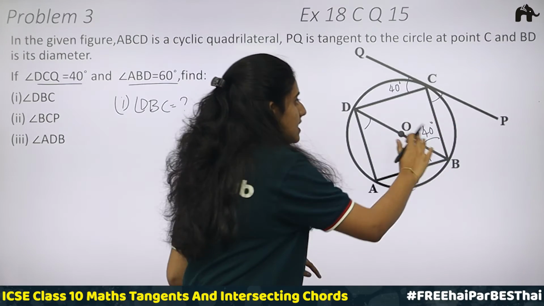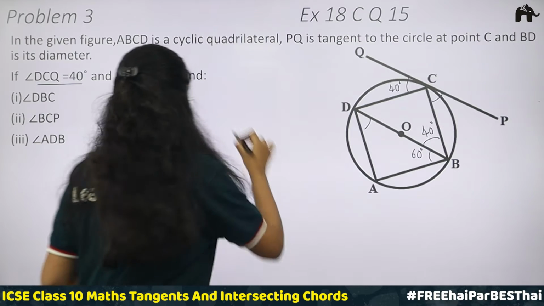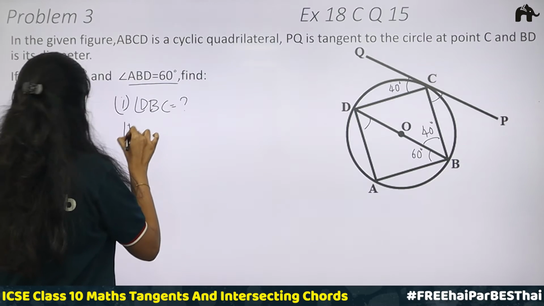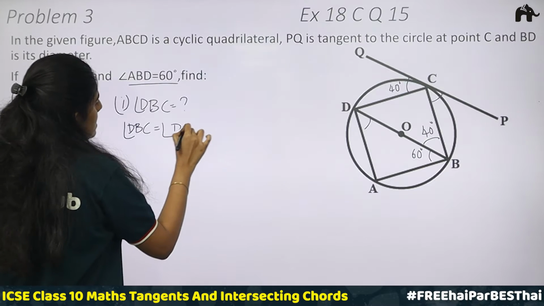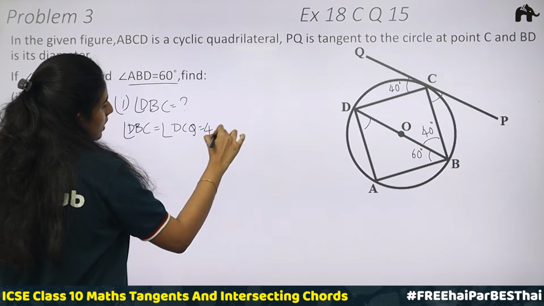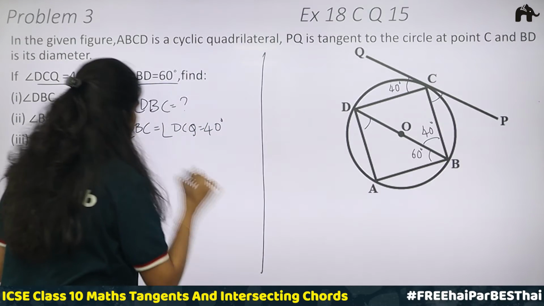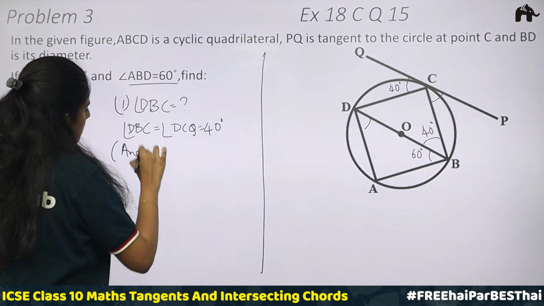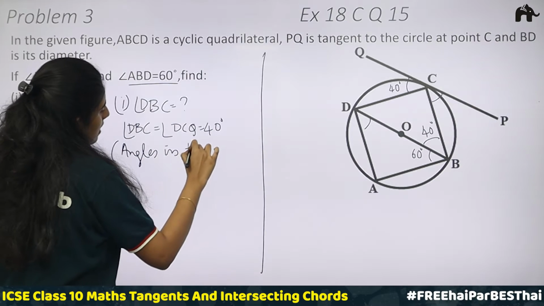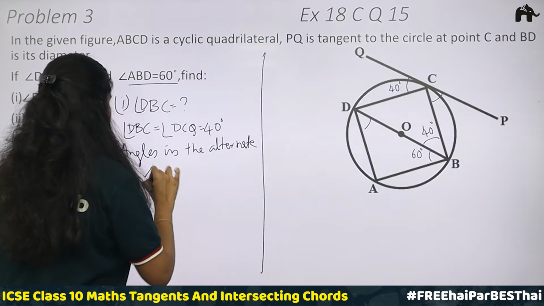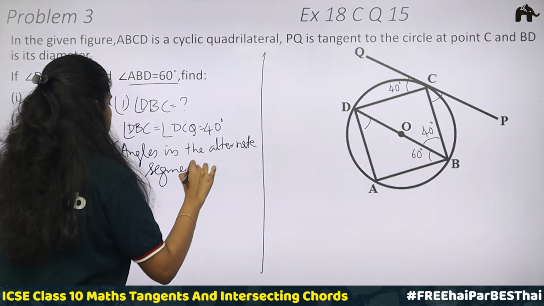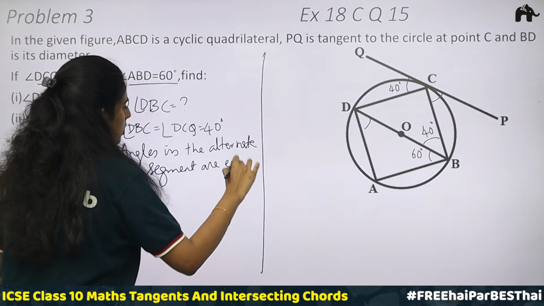Understood? Angles in the alternate segments. Angle DBC is equal to angle DCQ, that is 40 degrees. What is the reason? Angles in the alternate segment are equal.